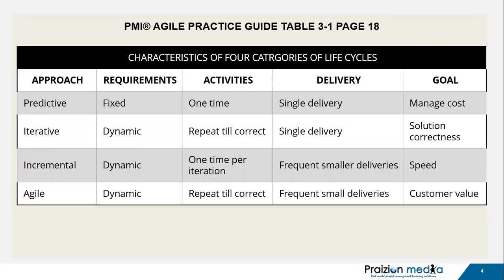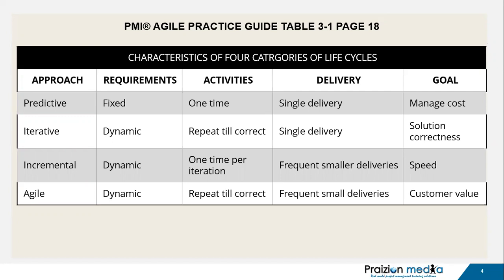Ultimately, we will be delivering value in that aquarium, and we could use any of these approaches: predictive, iterative, incremental, or agile. Again, the Agile Practice Guide, the correct page is 18, and table 3-1 breaks down the different approaches: predictive, iterative, incremental, and agile.